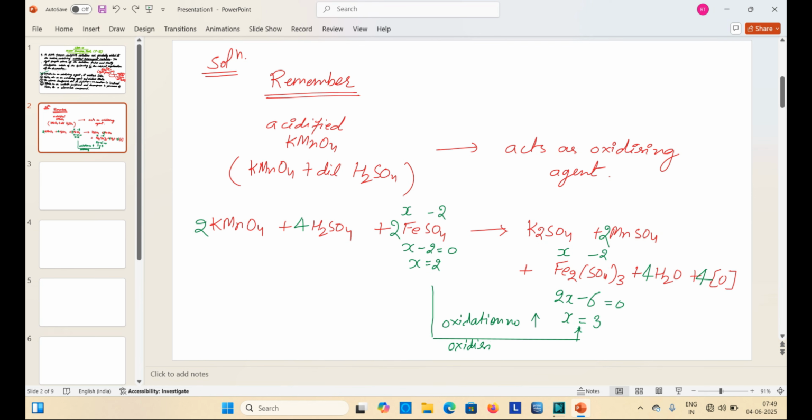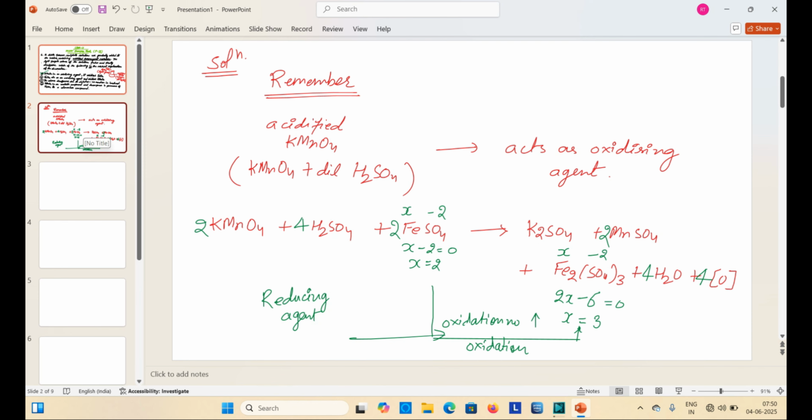I'm sorry, so here the oxidation number is increasing, so here oxidation will take place. Here what is going on? Oxidation is taking place, and since the oxidation will take place here, it will act as a reducing agent. It will act as a reducing agent.